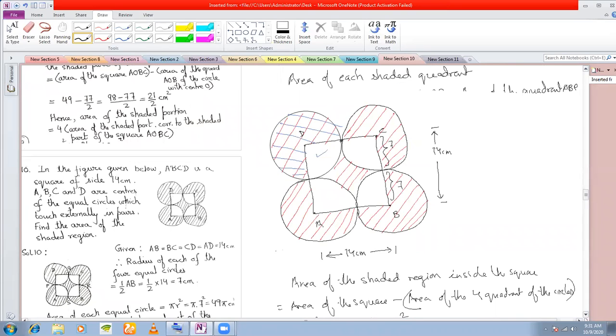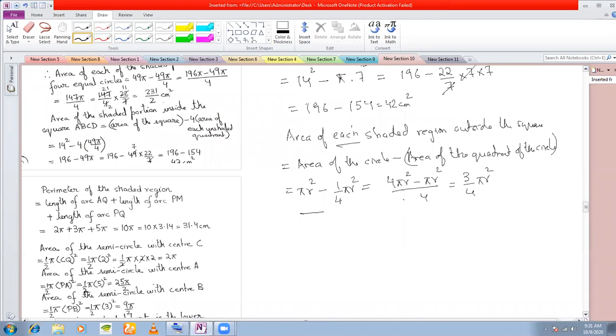So even if you don't do all this, you can write directly that it is 3/4 pi r square, because you know it is 3/4 of the circle.